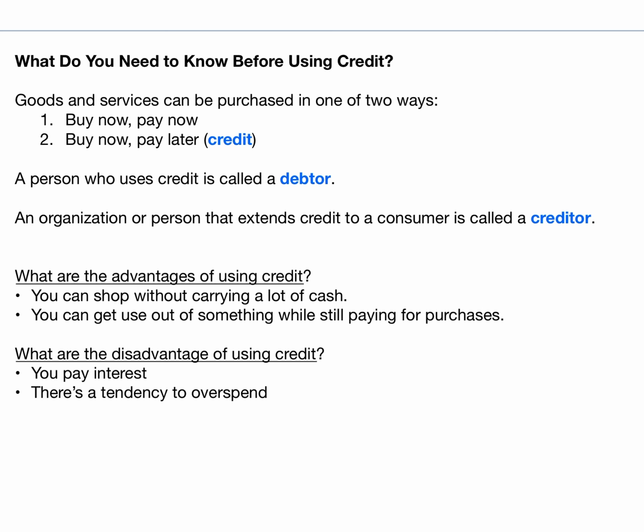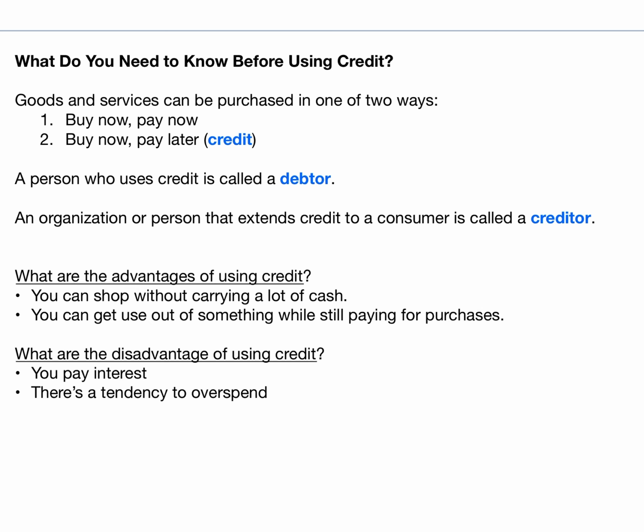Now, there are some disadvantages to using credit. Number one, it's going to cost you more, meaning the creditor is going to charge you interest. And when you have the ability to buy things without having the complete funds available, there's also a psychological tendency to spend more than you should, okay?